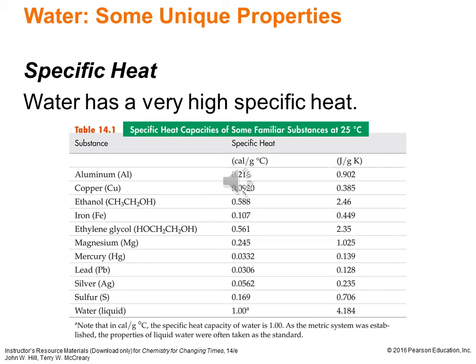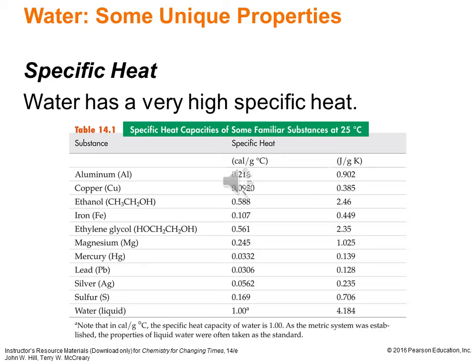So when we say that water has a high specific heat, well, if you look at this particular graph, the water's down there at the bottom, liquid water having 1.00 calories per gram degree Celsius, or since we favor the metric system in science, 4.184 joules per gram Kelvin.